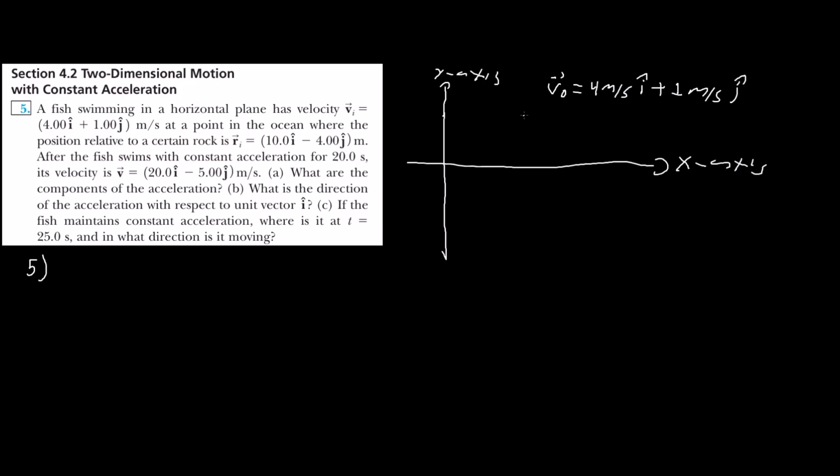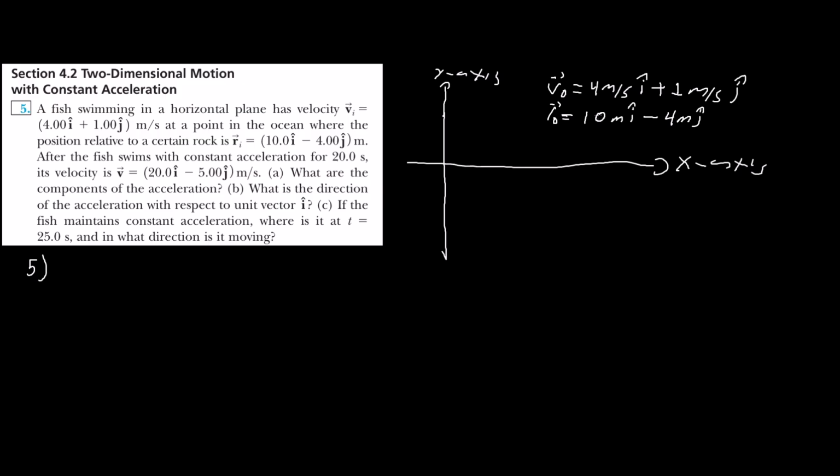And the position of the fish, this is why I like to write them in my own notation, but I'll make an exception here. We're just going to pretend these are points in there. 10 meters in the i hat direction. I'm going to call that r naught. I don't care what you call that, but I'm not going to use that initial symbol. I'm going to use this symbol instead, so forgive me for switching around a bit. But you guys can switch back.